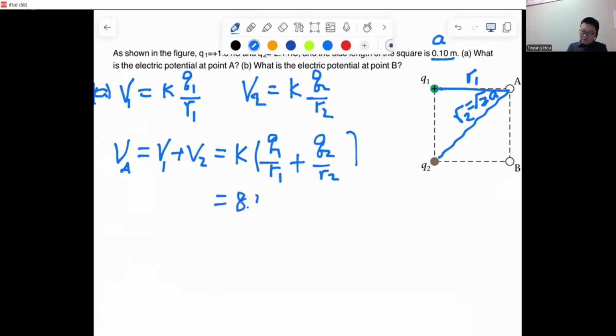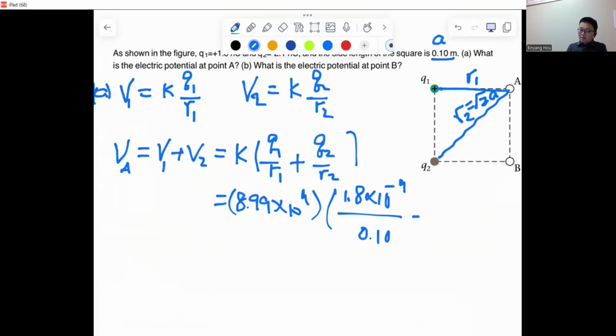So 8.99 times 10 to the ninth, that's the k. And then Q1, that is positive 1.8 nano, 10 to the minus 9 coulomb, over A, which is R1, which is 0.1. And then minus, because Q2 is negative, 2.1 nano, times 10 to the minus 9, over square root 2 times 0.1.